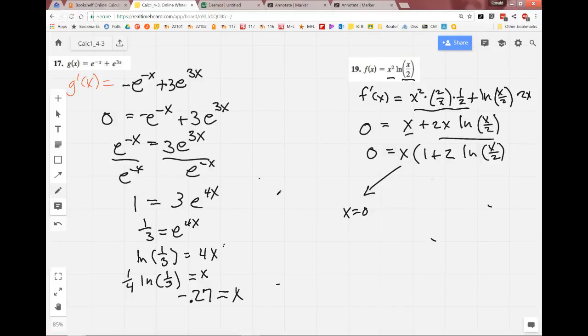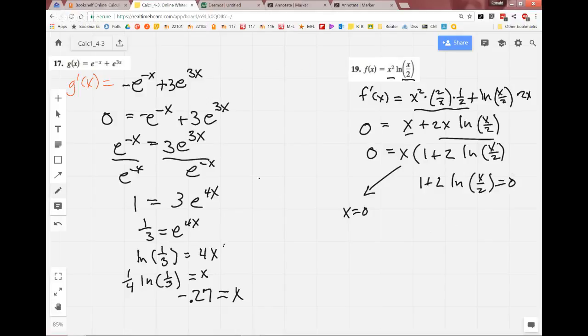And this other part could also be 0: 1 plus 2 times the natural log of x over 2. That can be 0 too.